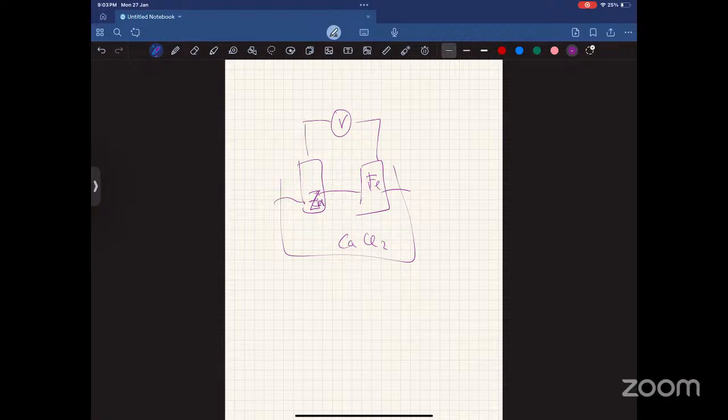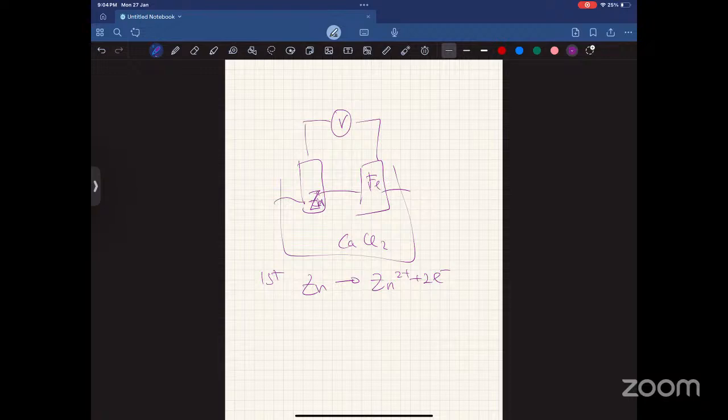Go on. So the first one is zinc. Zinc will do what? It will react first, losing electrons to become Zn2+. I don't know your reason, but you're correct.